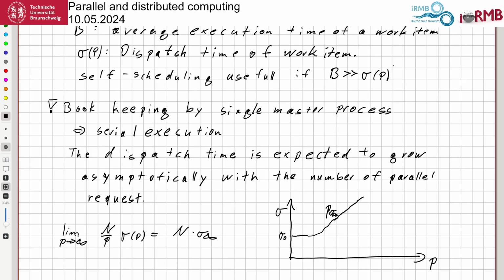By the way, this here is the asymptotic. And this here, as long as the master is idle, is what we call pre-asymptotic.